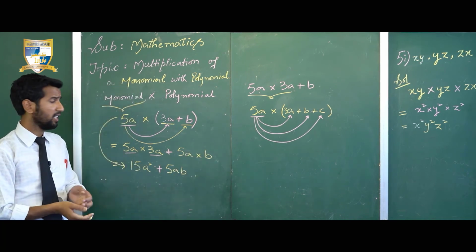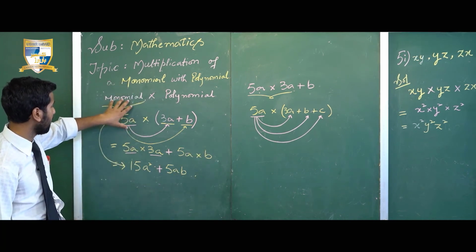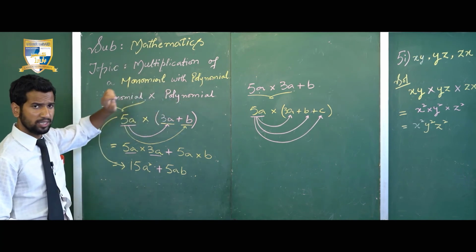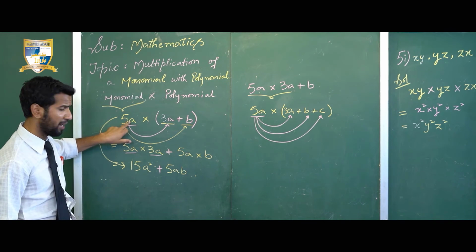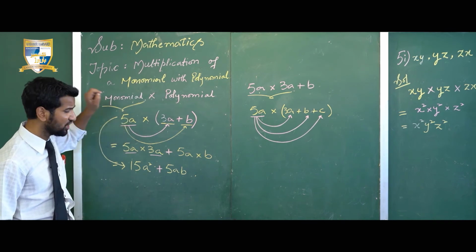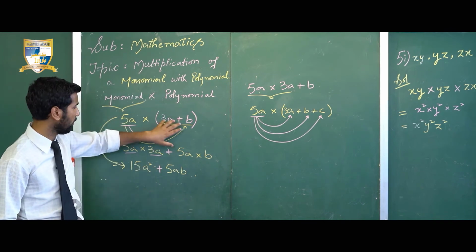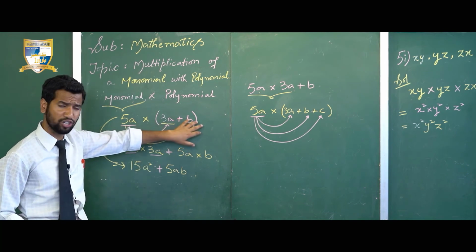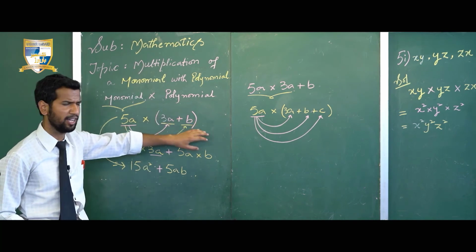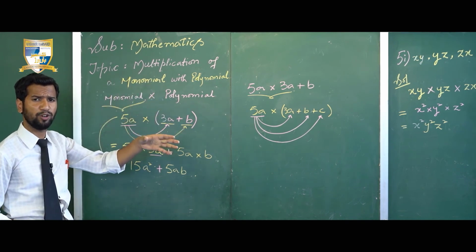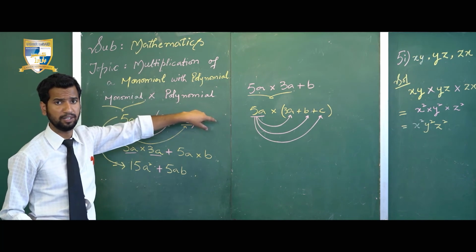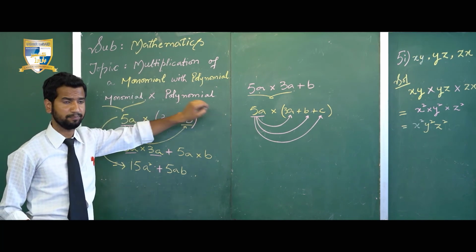And that's it. That is how we are going to multiply a monomial with any n term polynomial. Just remember that you are going to multiply this monomial with each and every term. Means if you have 2 terms here, you are going to multiply this monomial with 2 terms. And if you have trinomial here, if you have quadrinomial here, even if you have 10 term polynomial here, you are going to multiply this monomial with each and every term, with all the 10 terms.